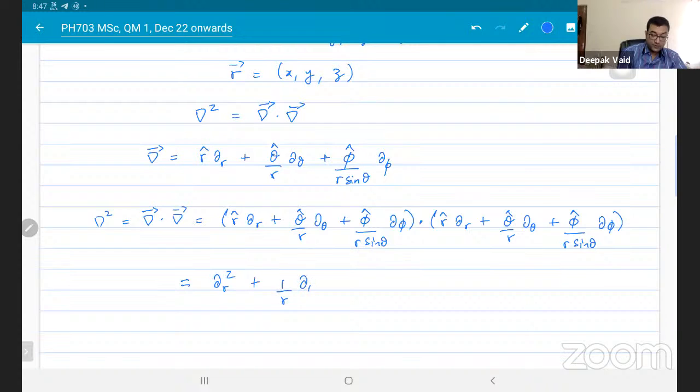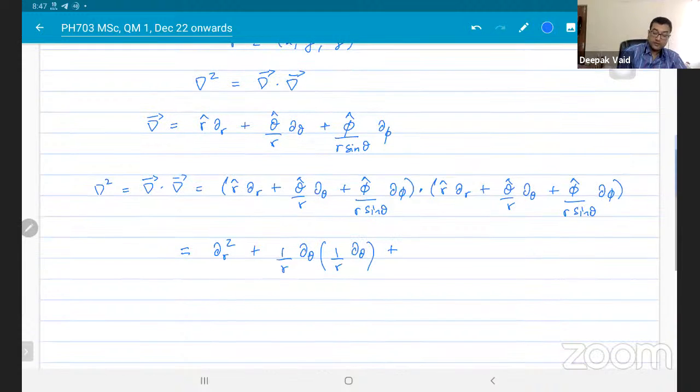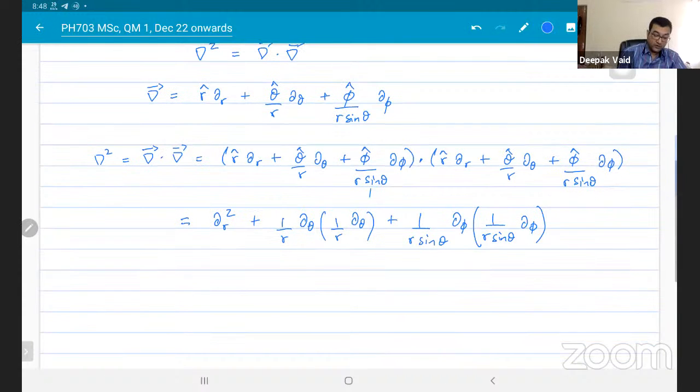So you'll get 1 by r dou theta acting on 1 by r dou theta. Same thing for the phi hat term, okay? So you get 1 by r sin theta dou phi acting on 1 by r sin theta dou phi, like this.